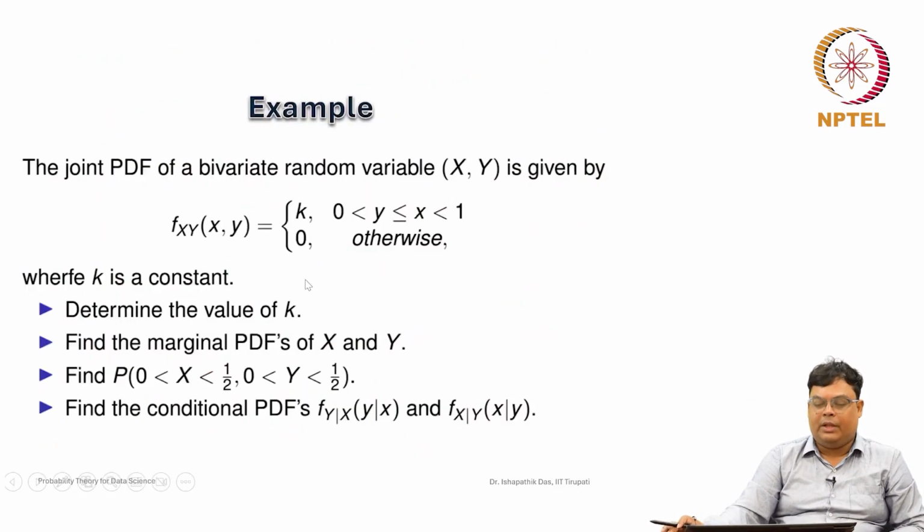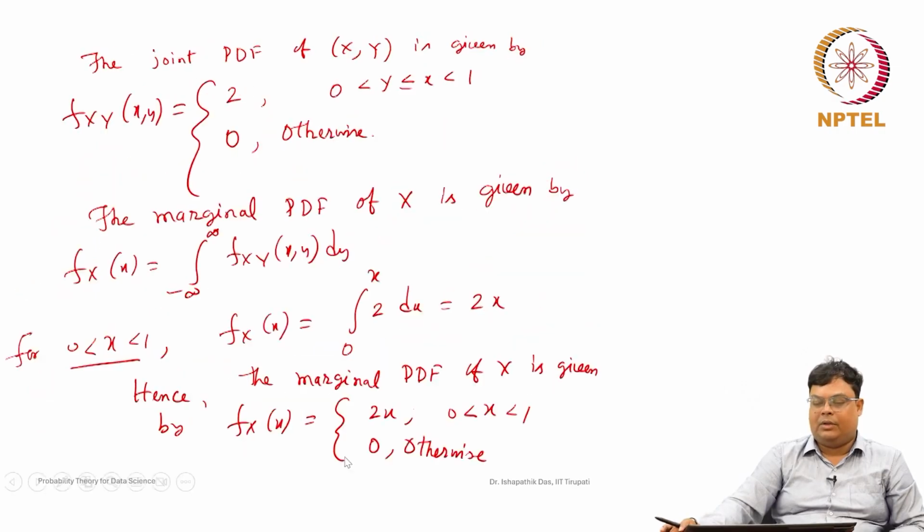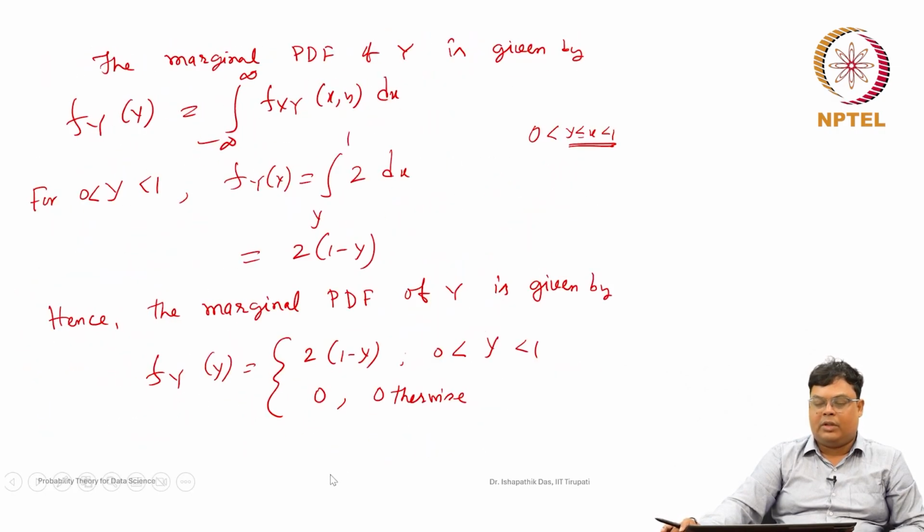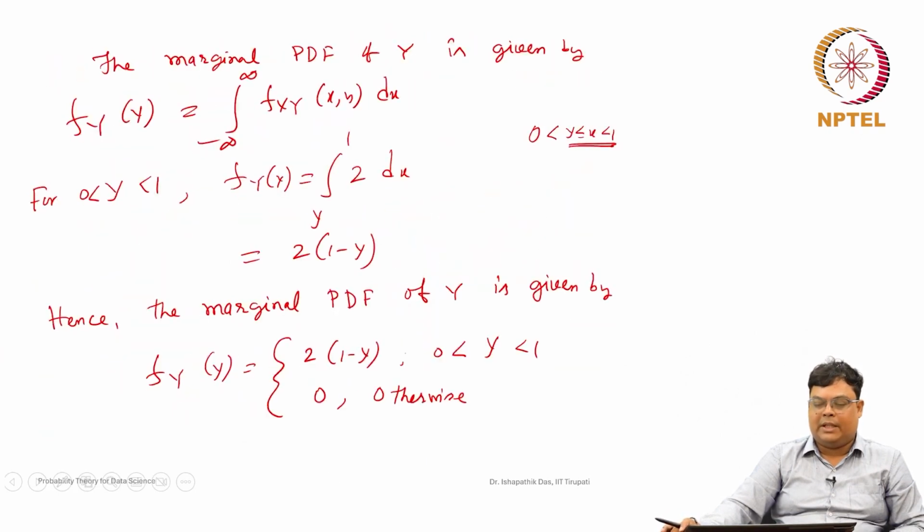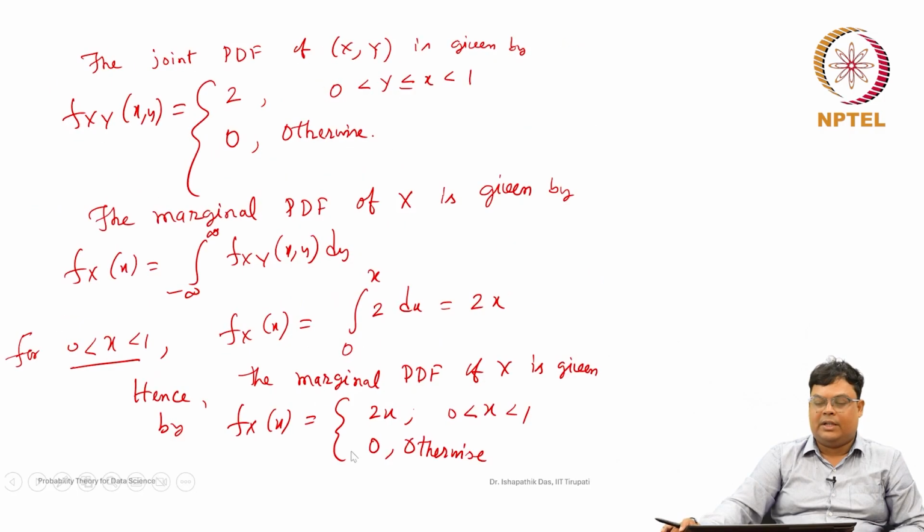Now, the last question is to find the conditional probability density functions of y given x and x given y. By definition, note that these random variables are not independent. You can see that the joint density function is a constant, so this is a uniform distribution.